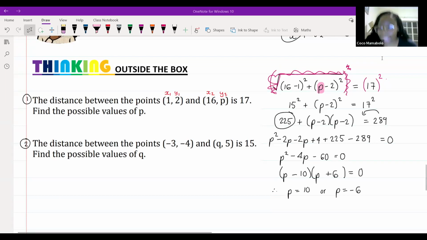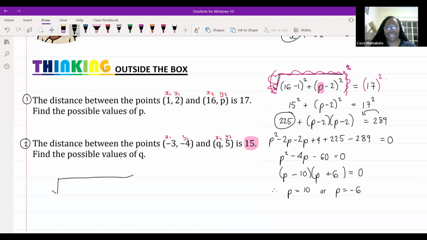All right, peeps, let's have a look at these answers. I know I'm using the distance formula, and they've told me that the answer I'm looking for is 15. So that's where I'm going to start. I'm actually going to start by labeling because I forgot to label x2, y2.